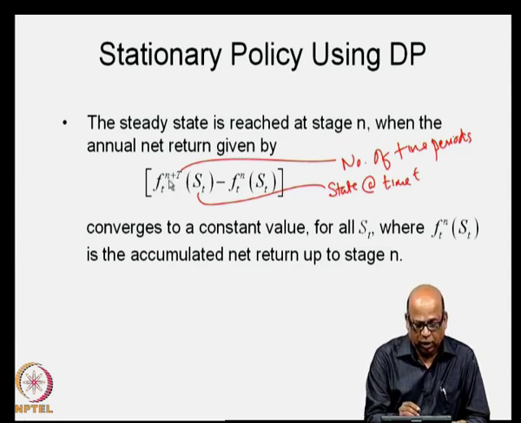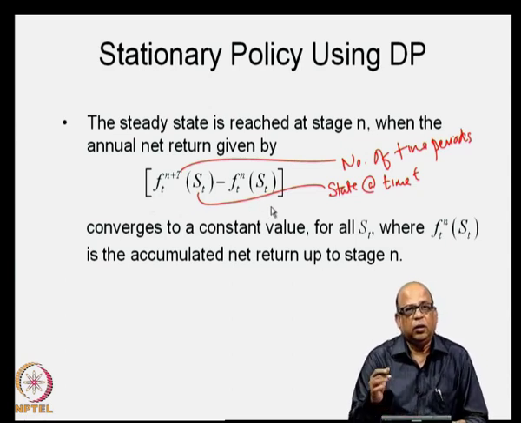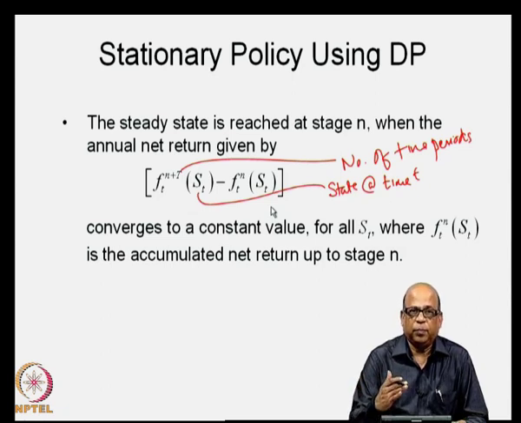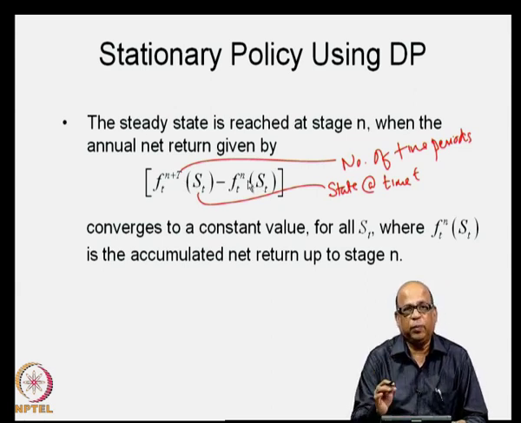So, f t n plus t for a given S t minus f t n S t. This quantity now, what is shown in the brackets, this quantity gives you the annual system performance for a given state variable S t. Why annual system performance? Because you are looking at 1 year apart for the same time period.